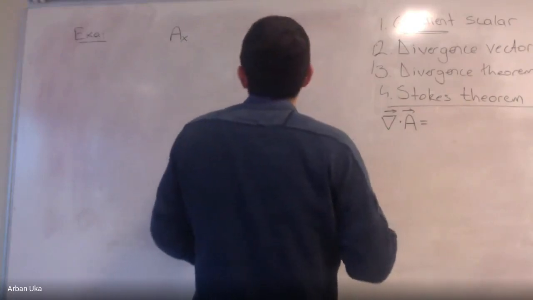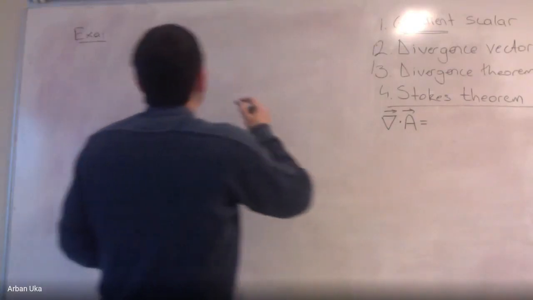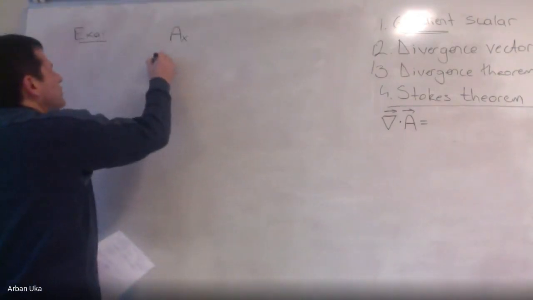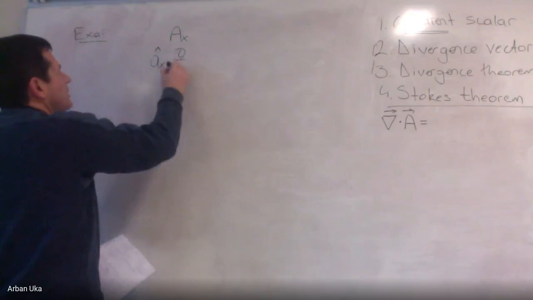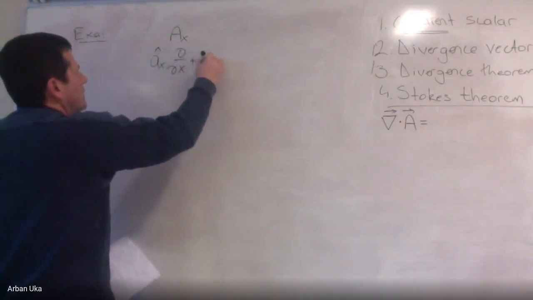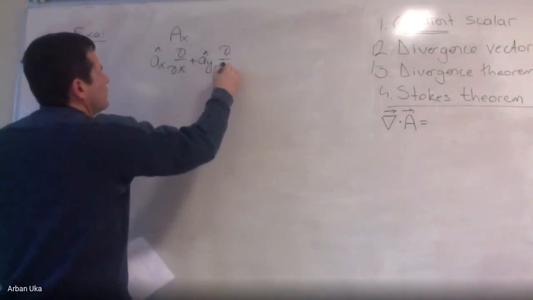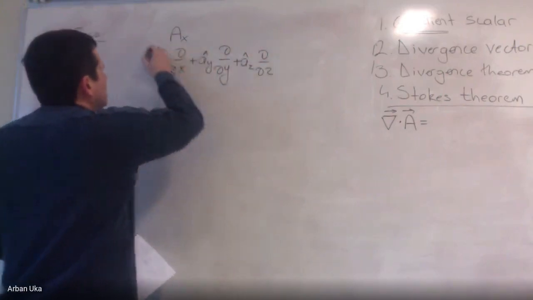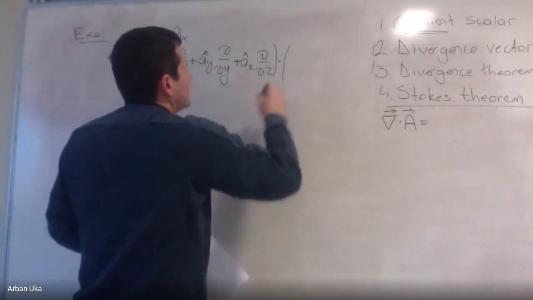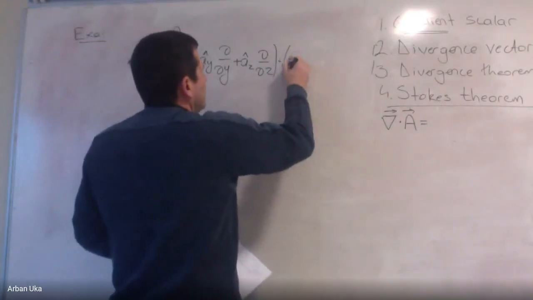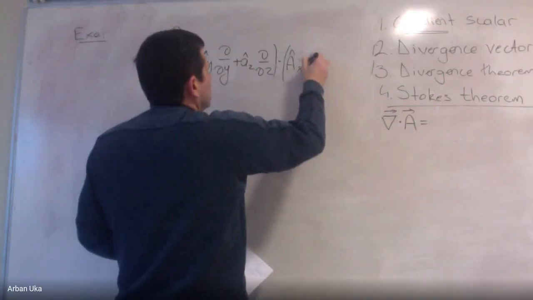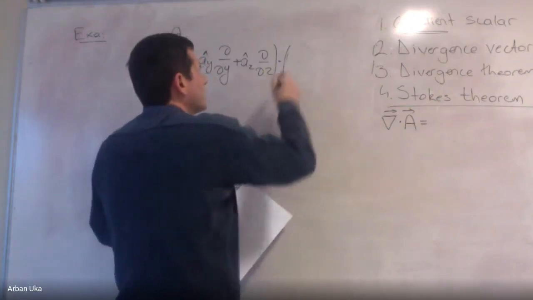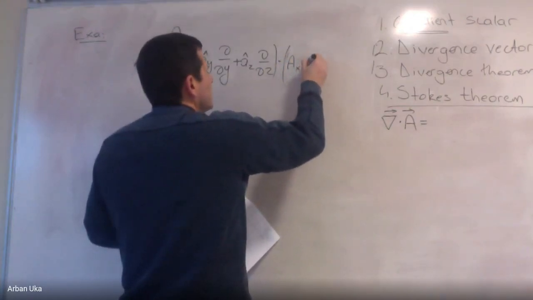And this is, let me use this part. This is going to be AX times d over dx plus AY d over dy plus AZ d over dz. And here we take the dot product with AX. Sorry, the AX is the projection of A along the X. It should not be a vector. This is AX times AX.